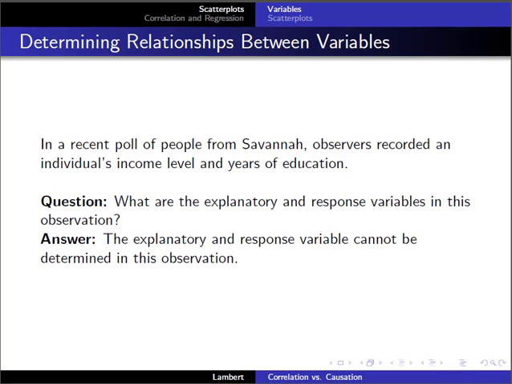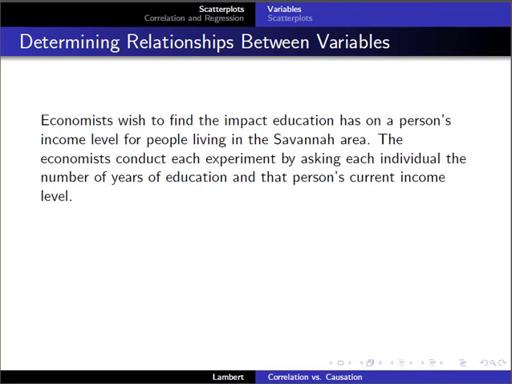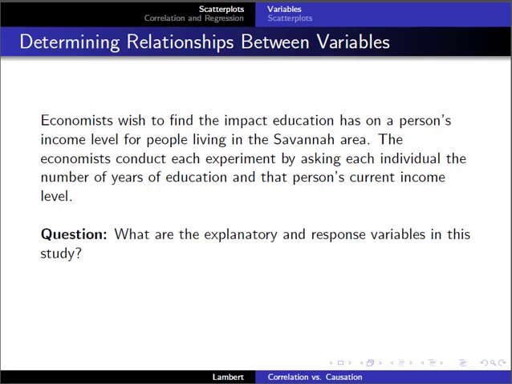But people could put a twist on their study if they're trying to learn about the impact of one on the other. So let's take a look at this as an example. Economists wish to find the impact education has on a person's income level for people living in the Savannah area, and the economists conduct the experiment by asking each individual the number of years of education and that person's current income level. Now we do have explanatory and response variables.